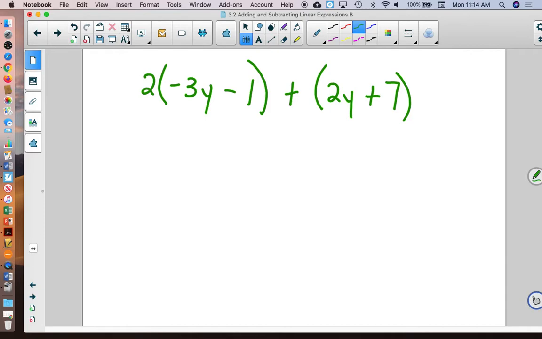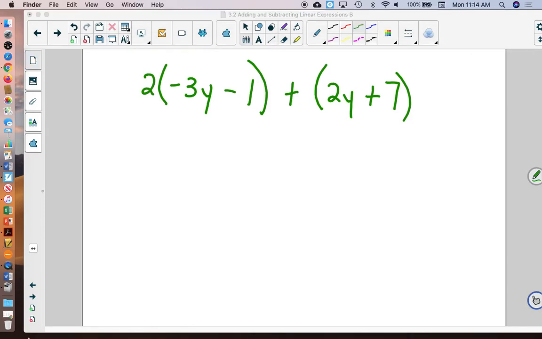This 2 outside of the parentheses tells me what property we are looking at? It is multiplication, but it is called the distributive property. And the distributive property says, if I multiply the negative 3 by the 2, I have to multiply this other number by 2.